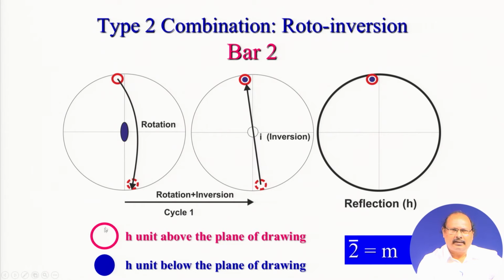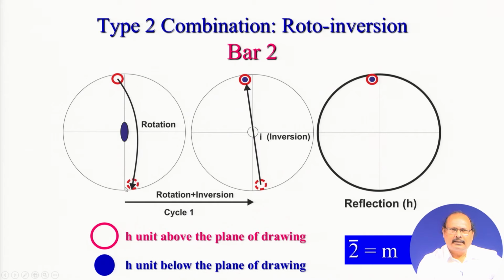The same thing I am repeating once again. This red open circle is a motif lying at a height h above the plane of drawing, and this particular one here, the solid circle in blue, is h unit below the plane of drawing. So, what happens now? First we start with a 2-fold axis of rotation. It has been rotated 180° and has come to this position here, and I have done something here.